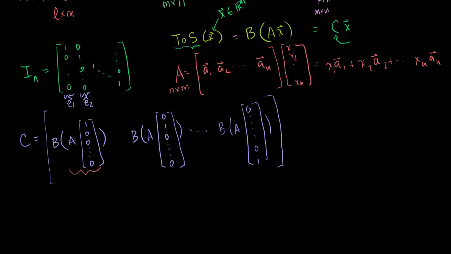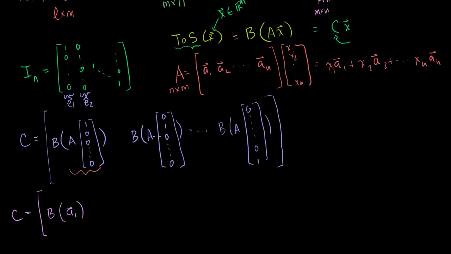So you're only going to end up with 1 times the first column in A. So C will be equal to, the first column is going to be B times A times this E1 vector, the standard basis vector, which is just 1 times the first column in A plus 0 times the second column, plus 0 times the third column, and so on. So it's just A1. That's simple.